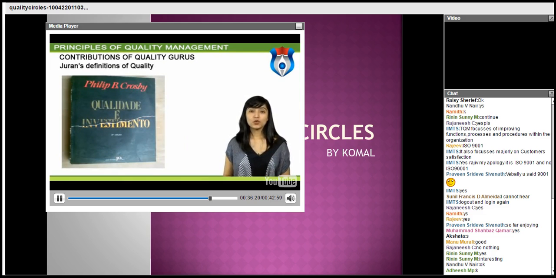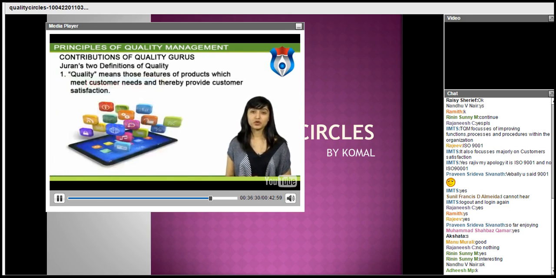Juran's definitions of quality. In Juran's Quality Control Handbook, he states that the word quality has 2 different meanings that are spelled the same way. Juran's 2 definitions of quality. Quality means those features of products which meet customer needs and thereby provide customer satisfaction. In this sense, the meaning of quality is oriented to income.